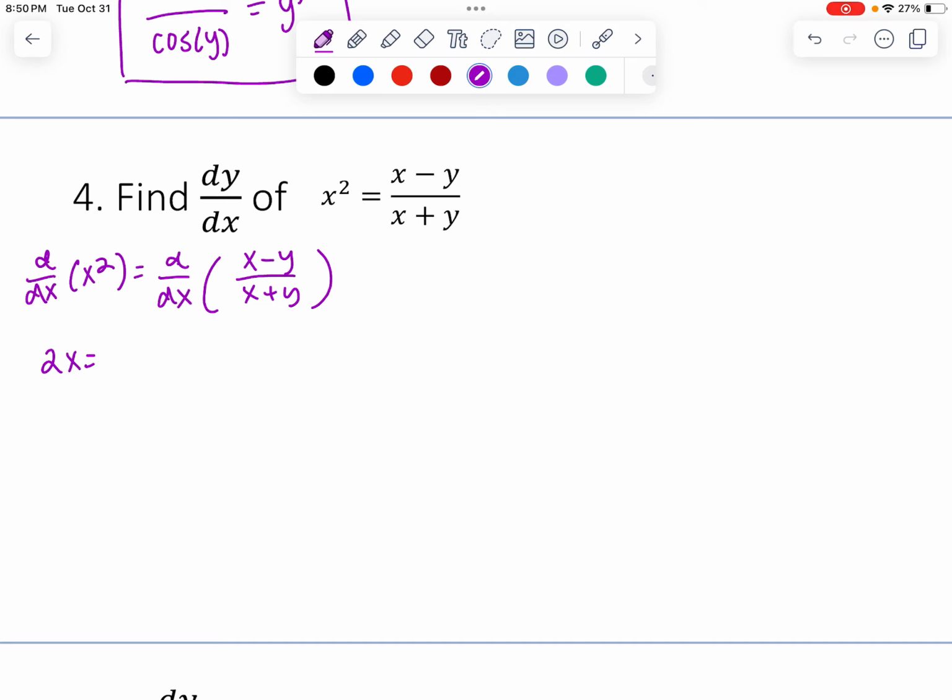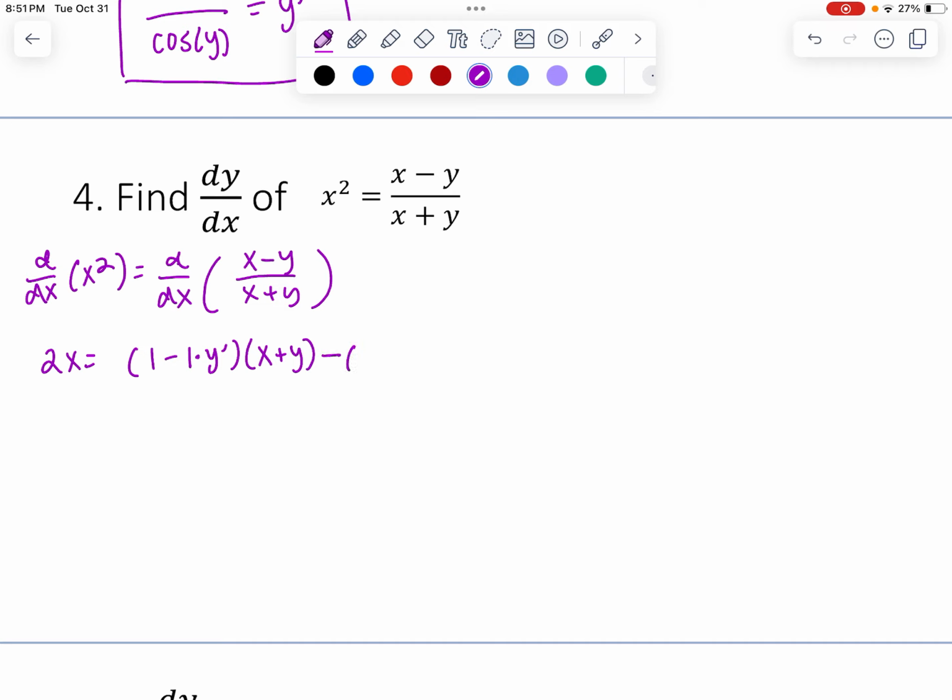So bear with me. To do the quotient rule, we just do the derivative of the numerator, which will be 1 because the derivative of x with respect to x is 1, and then the derivative of y with respect to x is 1 times y prime. And then I just do it times the original denominator, and I don't change anything because I didn't take any derivatives.